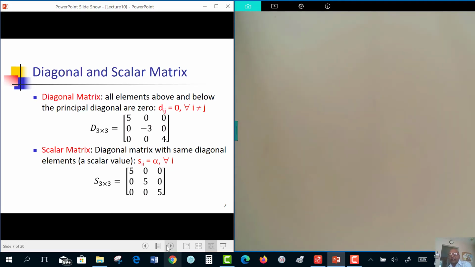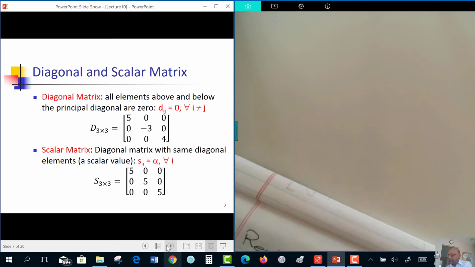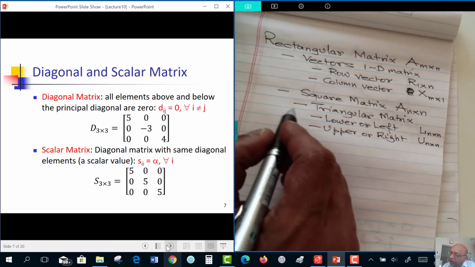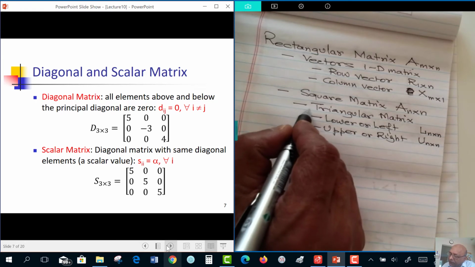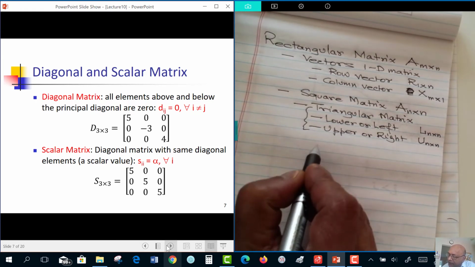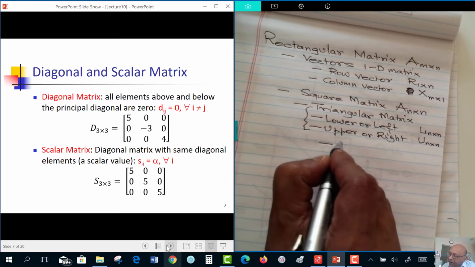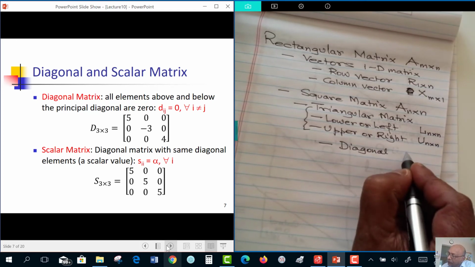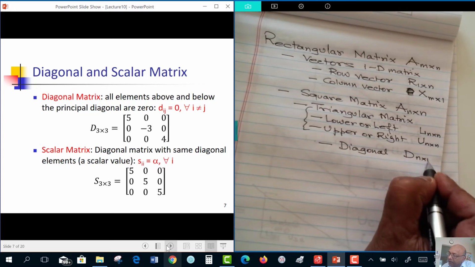Okay, so let's take a special case of these triangular matrices and build our table again. A special case of these triangular matrices is a diagonal matrix. So we'll call it D, n by n.